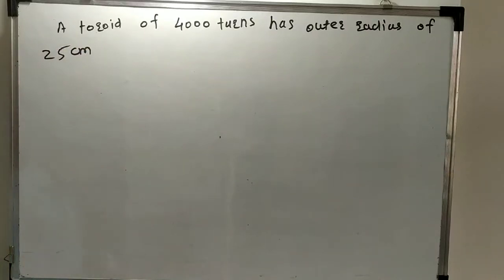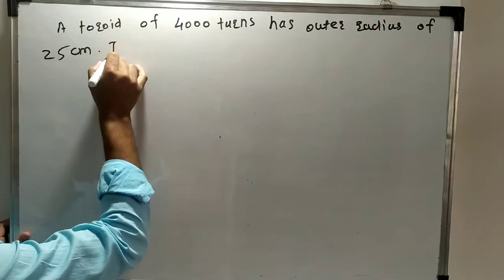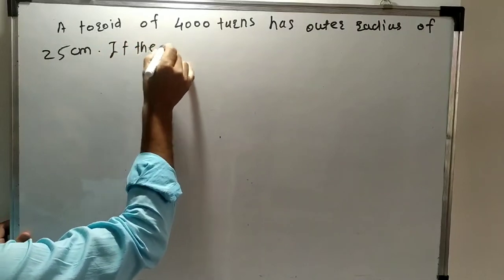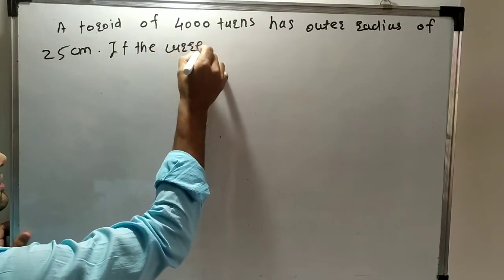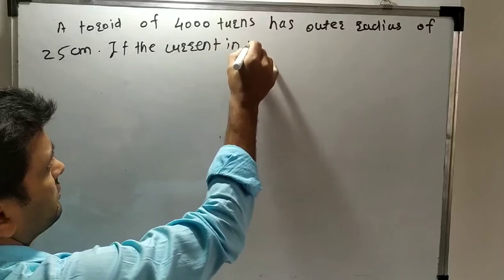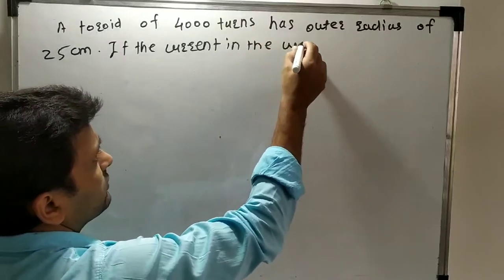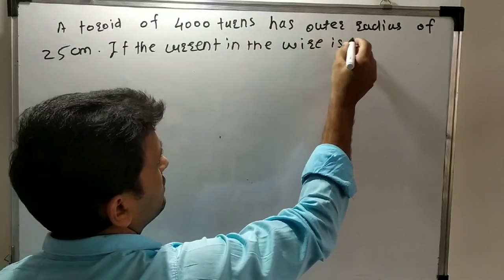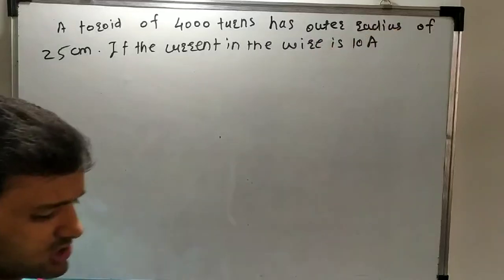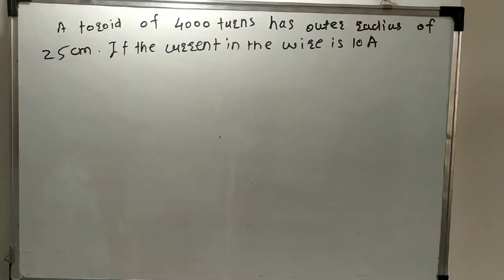If the current in the wire, that is in the toroid wire, is 10 ampere. So current is also given in this numerical.